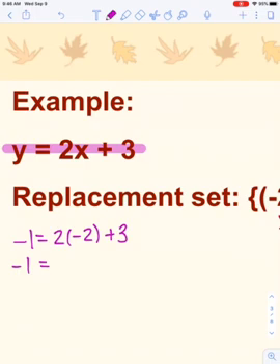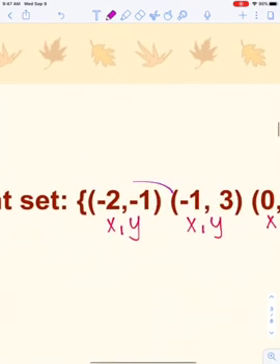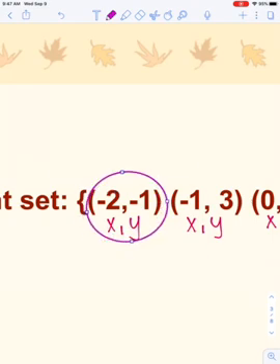The right-hand side, I need to get down to a single number and then decide if it's true or not. So 2 times -2 is -4. Add 3. -4 plus 3 is -1. So does -1 equal -1? Yes. So that works. So I'm going to circle this point because that's going to be part of my solution set, and we'll talk about that in a minute.